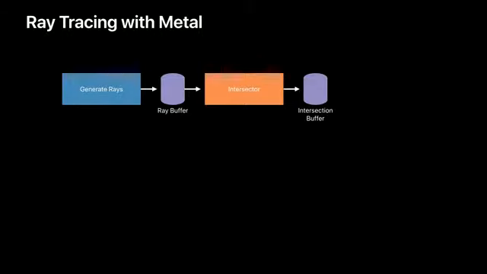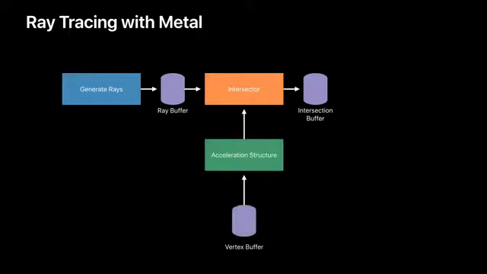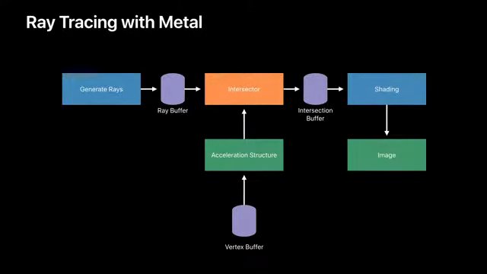And remember that to use the intersector, we need to provide an acceleration structure. We can often build this just once and reuse it many times. Finally, we'll launch one last compute kernel, which will use the intersection data to write a shaded image into a texture. And this compute kernel can also write additional rays back into the ray buffer for iterative applications.